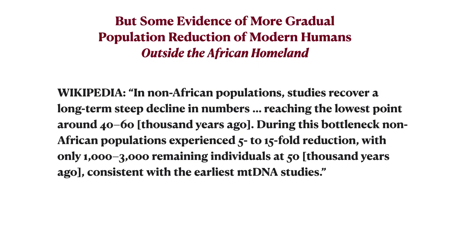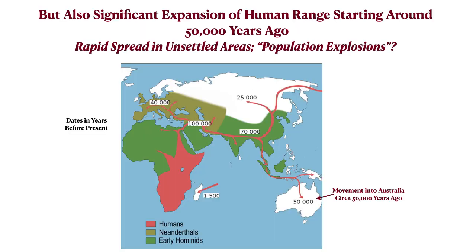However, right at about the same time or shortly thereafter, modern humans, anatomically modern humans, did start to spread into new parts of the world, in particular Australia. You could see on the map here, 50,000 years ago, people got to Australia. They had never had any archaic humans, no Homo erectus, nothing like that.